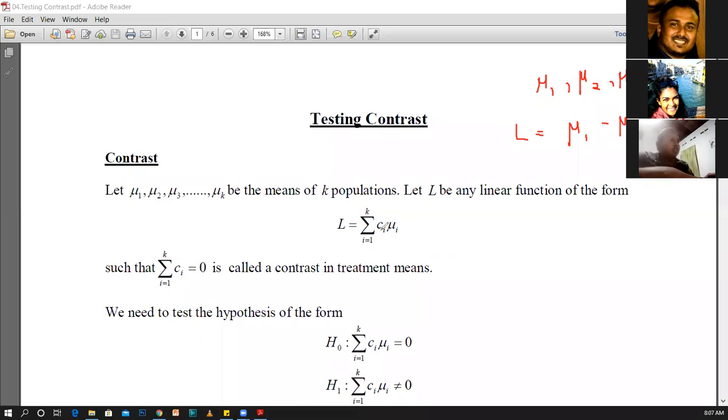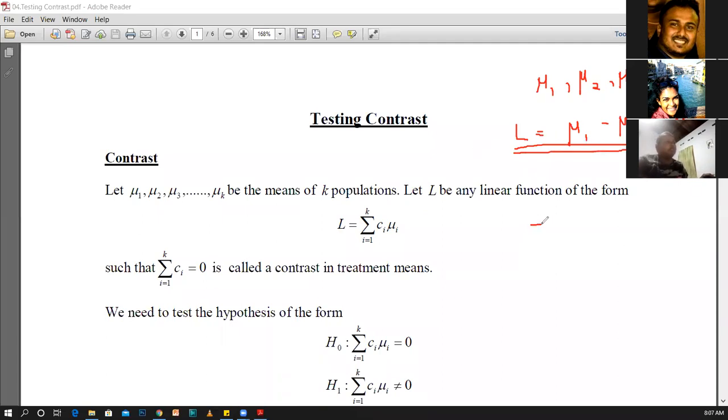Then here we can see where i equals 1, we have ci equals 1. Here we have 1, here minus 1, here minus 1. Likewise, we have the ci values. But this is just a linear combination. This cannot be said to be a contrast.